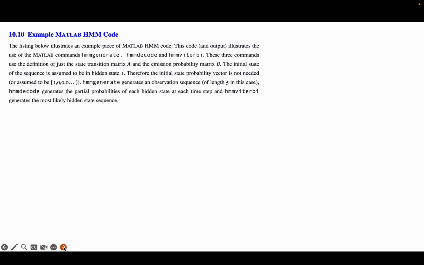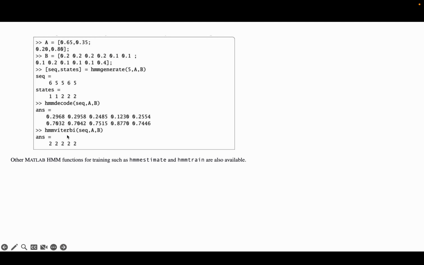Generate generates an observation sequence. Decode generates the partial probabilities of each hidden state at each time step. And HMM Viterbi generates the most likely hidden state sequence. So here's the output. So you have your states, you have your sequence. It generates that. So you give it your A matrix and your B matrix.